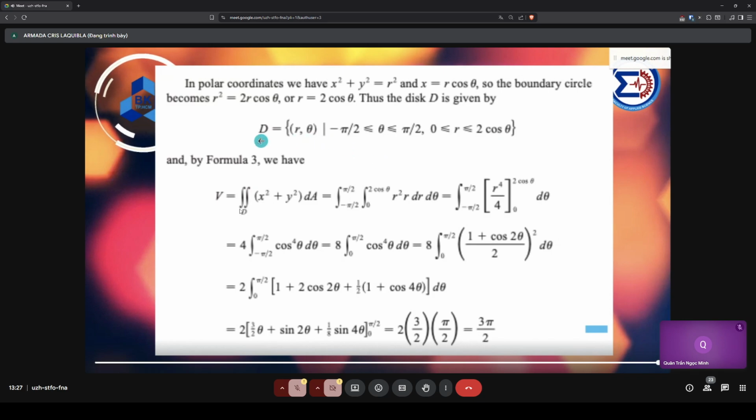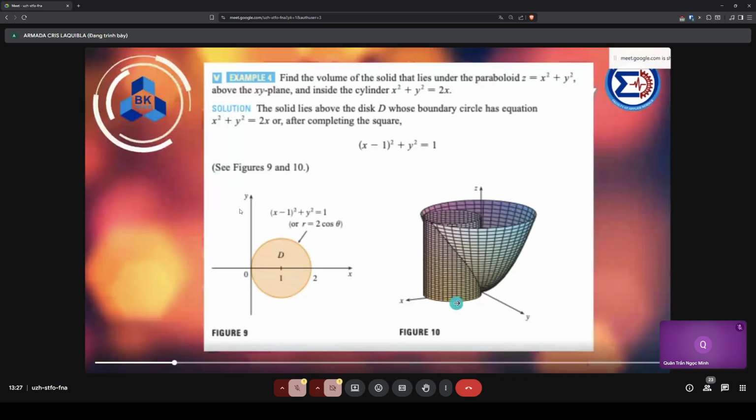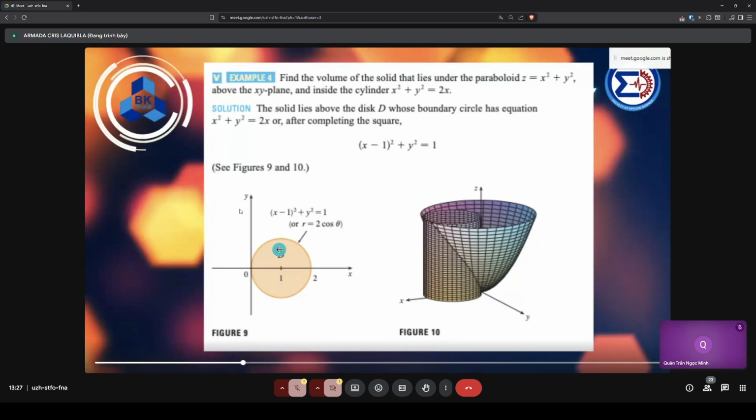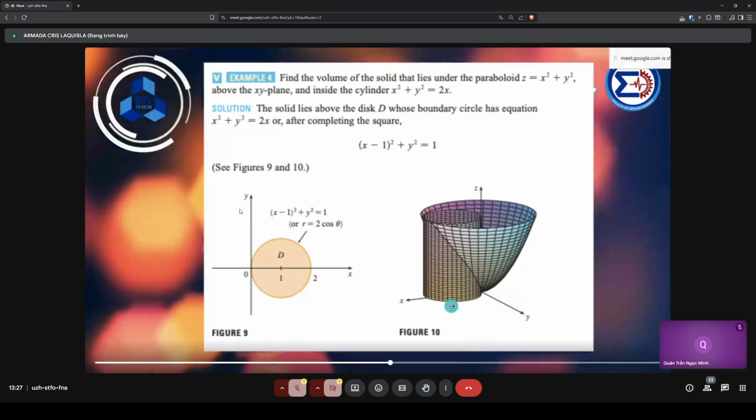And then your theta is from negative pi over 2 to pi over 2. Look at the circle here. It's here, right? And the cylinder is formed like this here.